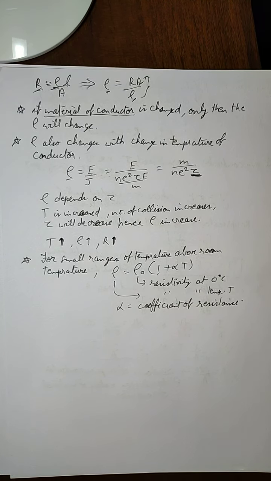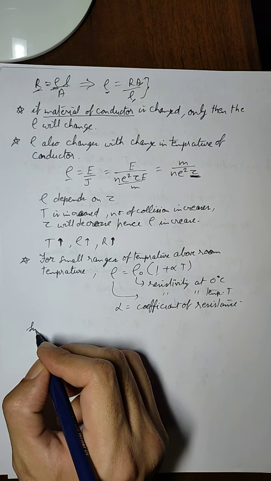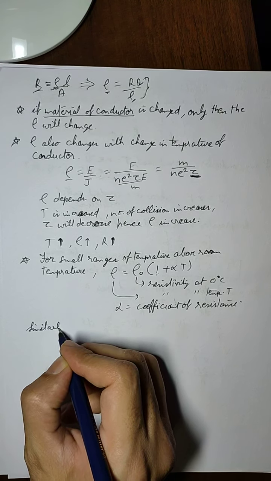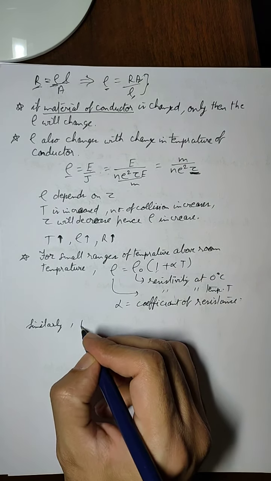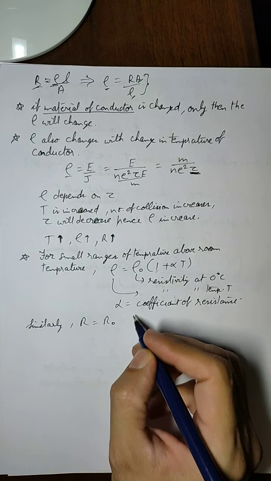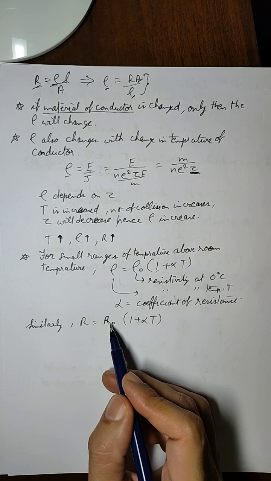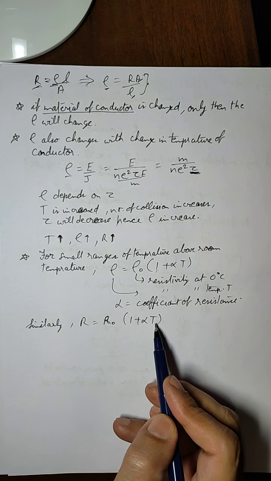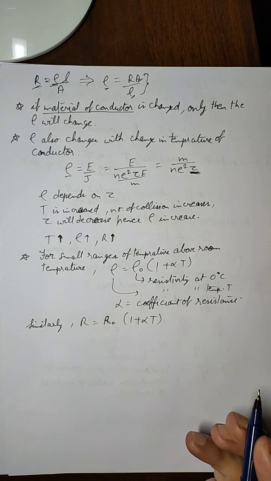On the lines of this formula, we can relate resistances also. So R will become equal to R naught times 1 plus alpha T, where R naught is the resistance at 0 degree Celsius, R is the resistance at temperature T, and alpha is again the coefficient of resistance.